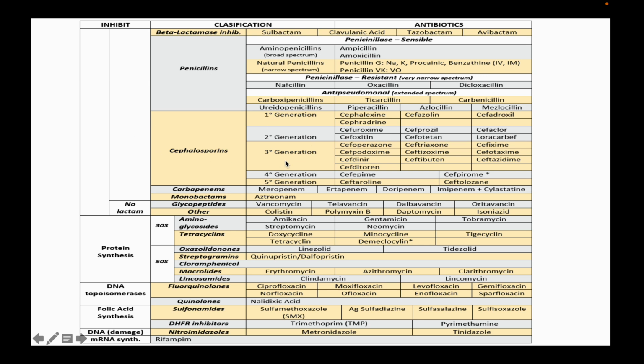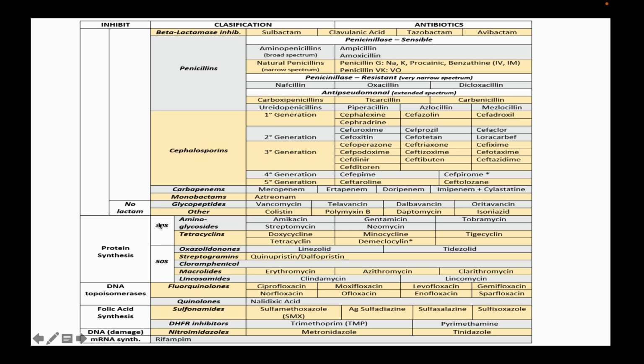These generations have been derived because of antibiotic resistance. Okay, then we have various bactams and carbapenems. These are also derived, which essentially inhibit beta lactamase of the cell wall, right?